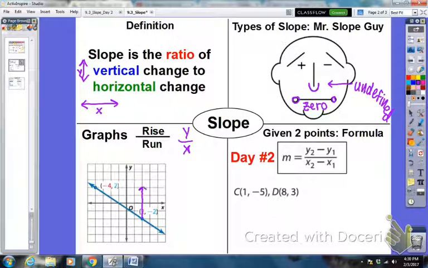I need to run 1, 2, 3, 4, and so that was a rise of 4 and a run of 6. Now I'm going to the left, so it's going to be -6, which reduces to 2 over -3. So that is the slope of that line. The slope formula we'll talk about later on the second day of this lesson.